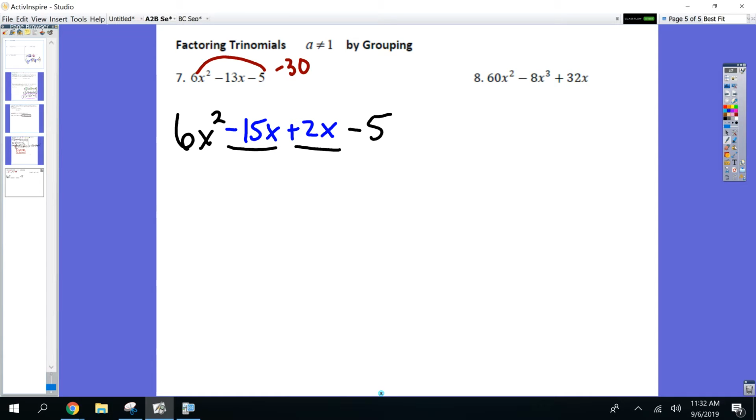You guys that thought maybe 10 and 3, negative 10 and negative 3, they multiply to positive 30, remember. I need a negative 30. Okay? So you guys that thought negative 10 and negative 3, not going to happen. All right, now how many terms do I have? 4. Guess what I can do now? What we've been doing all darn day. Group the suckers. All right, group them up.